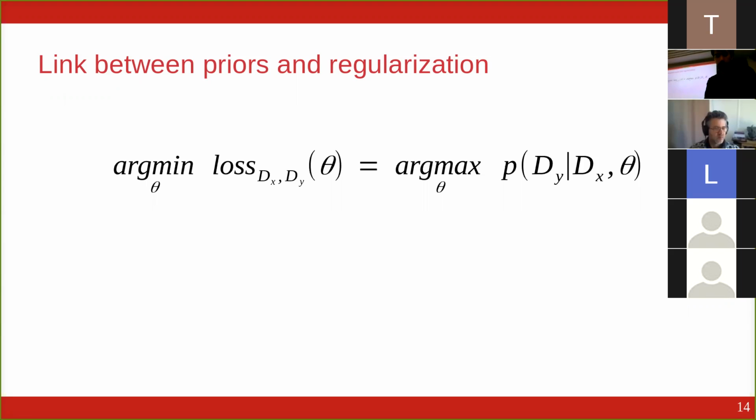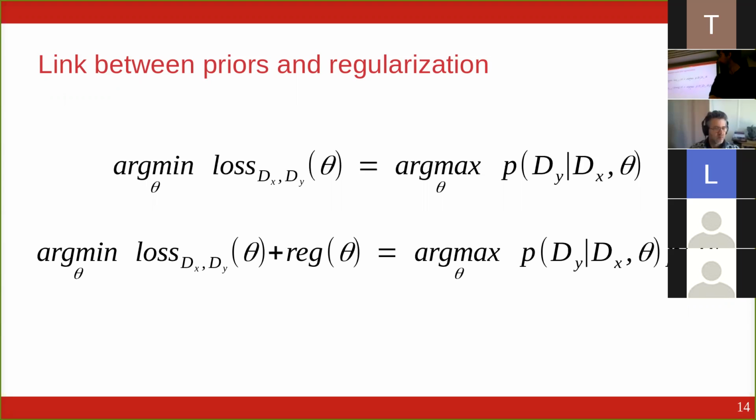And so minimizing the loss is equivalent to maximizing the likelihood. And now, what if you add just a regularization function that works on the parameterization, but not on the data? Well, in that case, if you switch to the probability formulation, you see that's equivalent to multiplying your likelihood by a prior, which is exactly what you do to derive Bayes' formula.